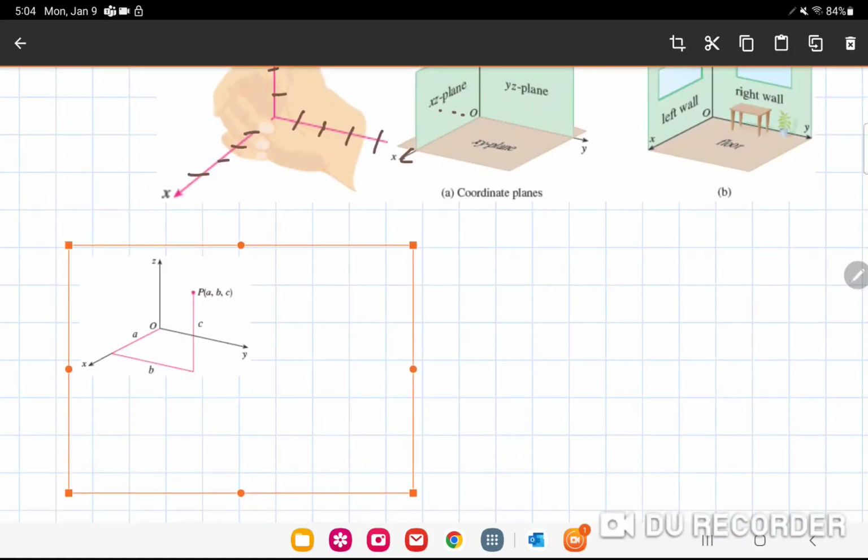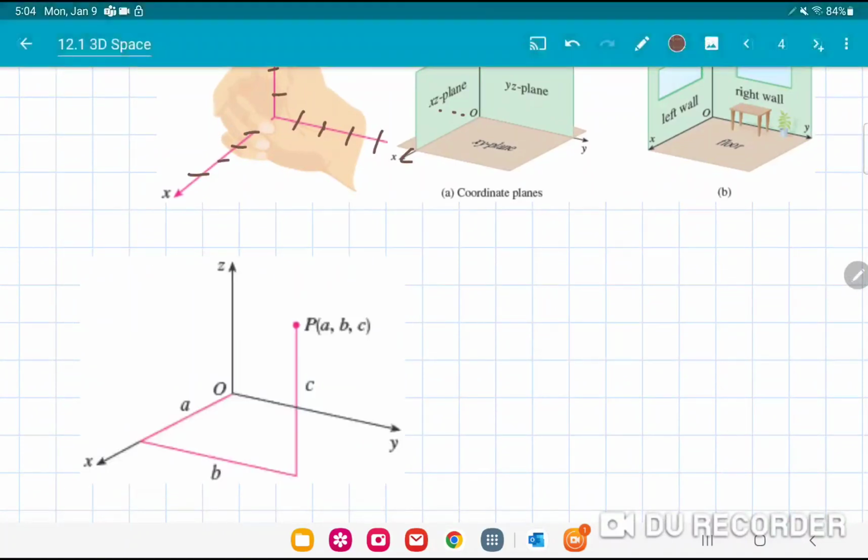Very informative. So the point A, B, C is A units out from the origin on the x-axis, B units out from the origin on the y-axis, and C units up from the bottom plane.